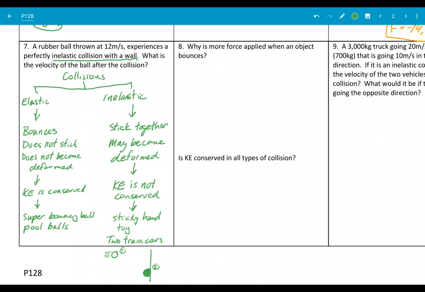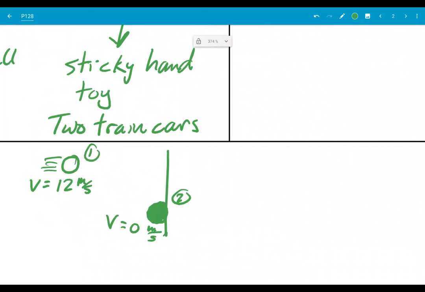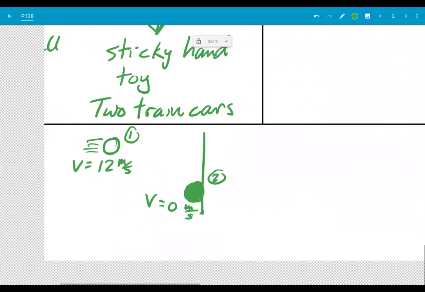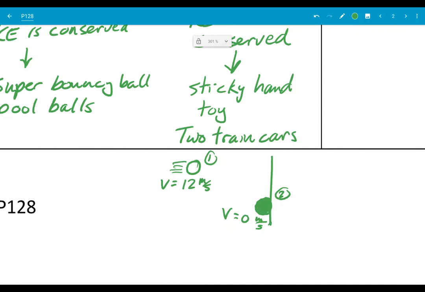Okay? Before, it had a velocity of 12 meters per second, and after, it has a velocity of 0 meters per second. Because it doesn't bounce, it just sticks to the wall. Okay? This right here is inelastic.